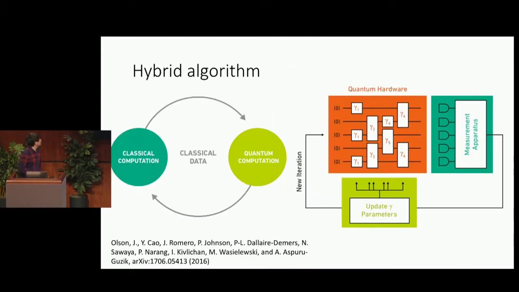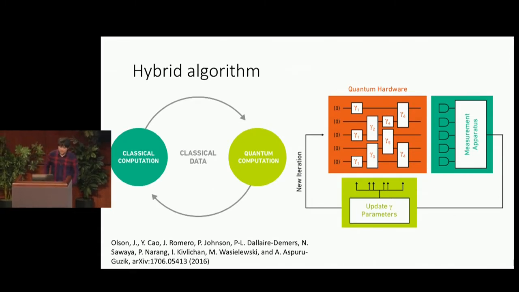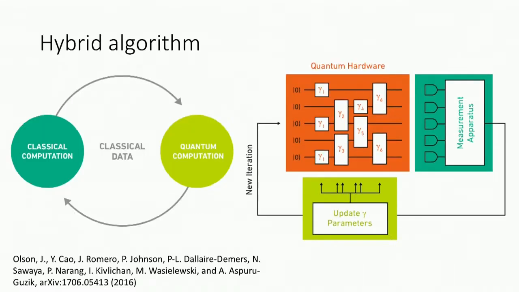One solution is called the hybrid algorithm. The hybrid algorithm is a combination of classical and quantum computation. The algorithm is divided into two parts, where the easy part is solved by the classical computer, and the hard part is solved by the quantum computer. Let's take an example. Here we have a quite small-sized quantum hardware, and it is also a quite shallow circuit, where each gate is controlled by a few parameters.